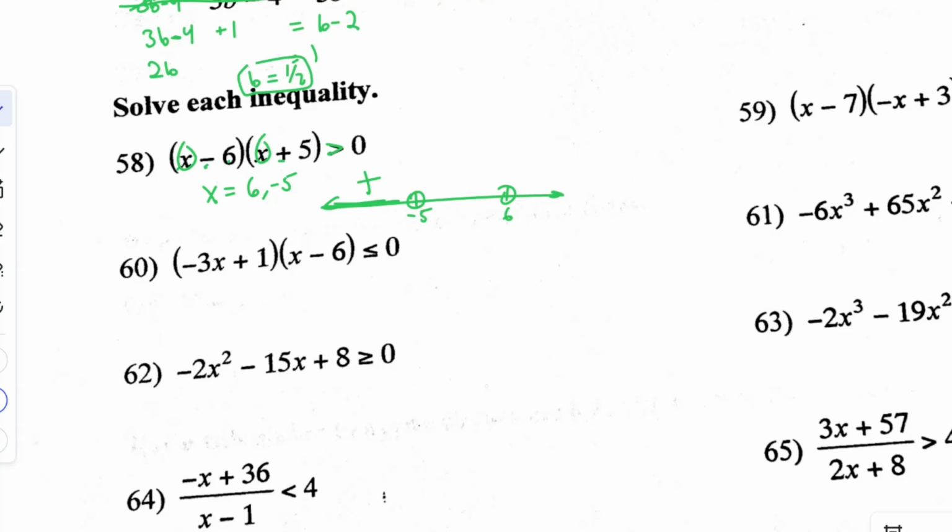I'll plug in 0. -6 times 5 is -30, which is not greater than 0. So that's not going to be the solution set. I'll plug in 100, so I'll get positive times positive. So my solution set for this one is -infinity all the way up to -5, open bracket, union, 6 to infinity.